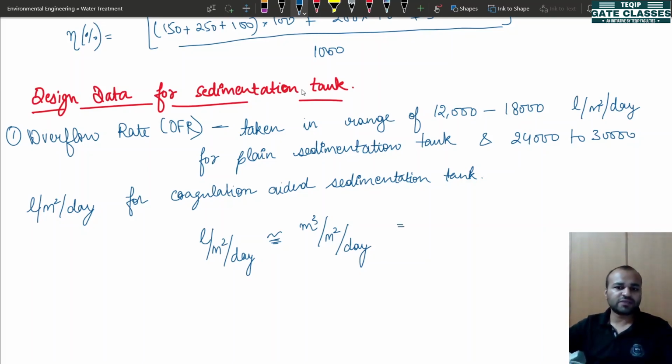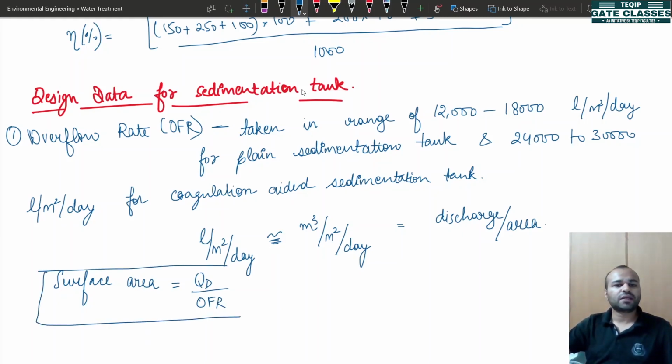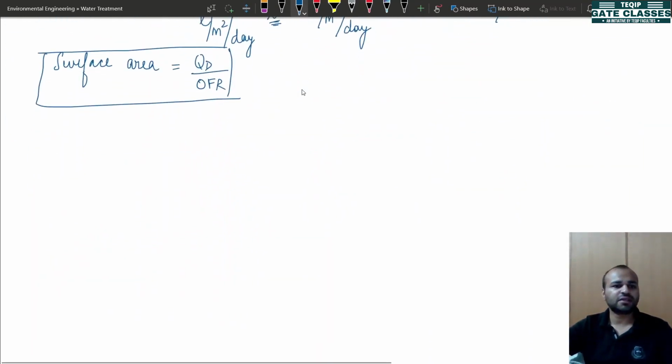So this is nothing but basically discharge per unit area. Okay, with this value you can find out the surface area of the tank. It will be given by your design discharge by the OFR value. Correct? I hope everyone agrees with the surface area expression.